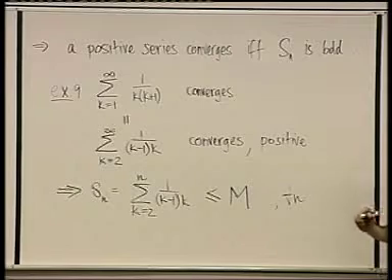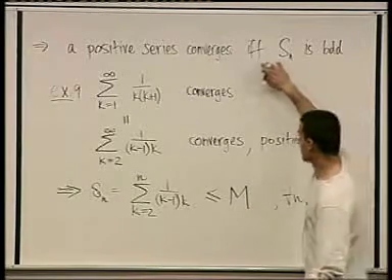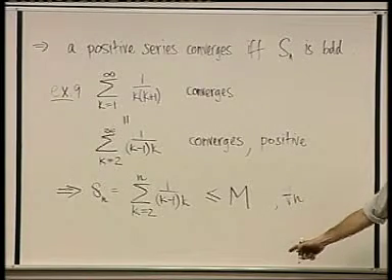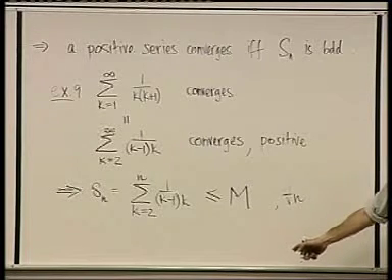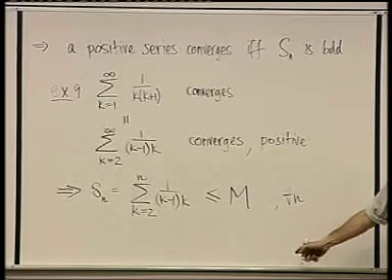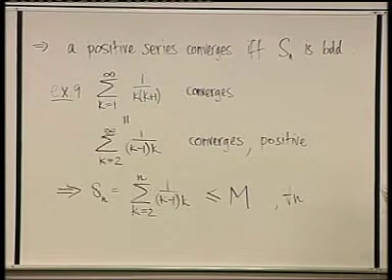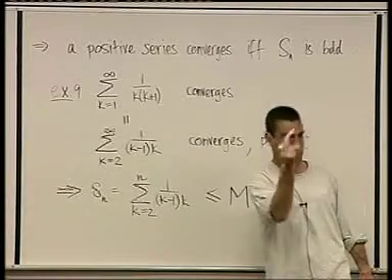Do you agree to this? I just exploited this fact. Clear? I can see some people here are confused. Where did the M come from? The M came from here, from the marker.